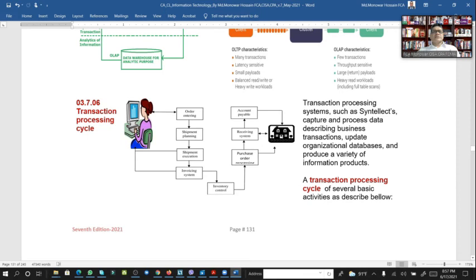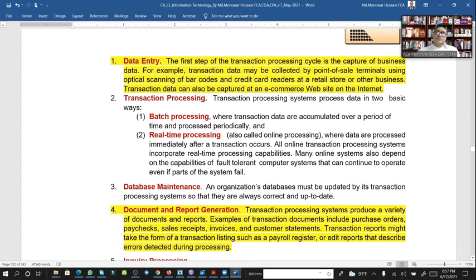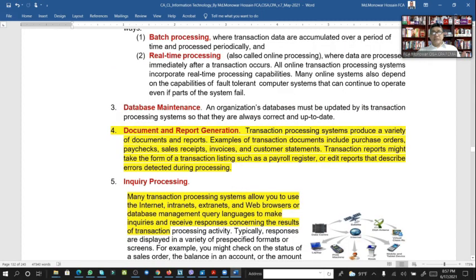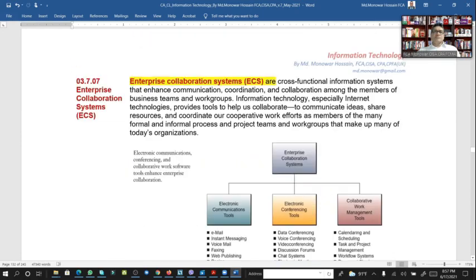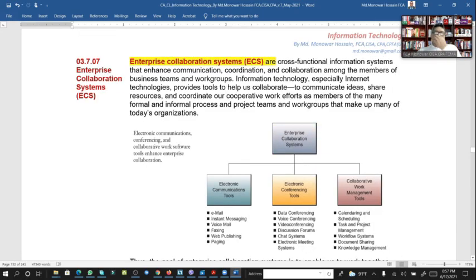Within that cycle we have data entry and transaction processing, which can happen in two types: batch processing and real-time processing, followed by database maintenance, document and report generation, and inquiry processing.